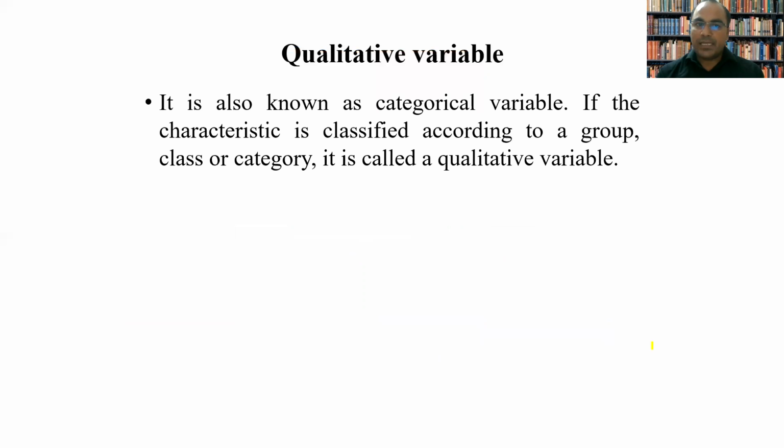Qualitative variable is also known as categorical variable. If the characteristic is classified according to a group, class or category, it is called a qualitative variable.